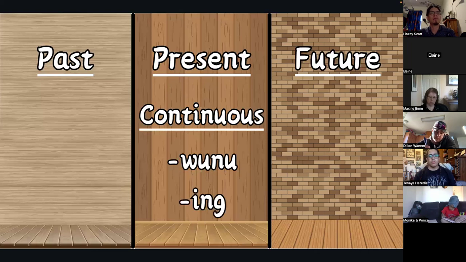And it is associated with the English suffix ing. Just like in English, the ing can be used in the past, somebody was eating the other day, or I will be eating in the future. So that is how wun is. It can be used in the past, present, or future.